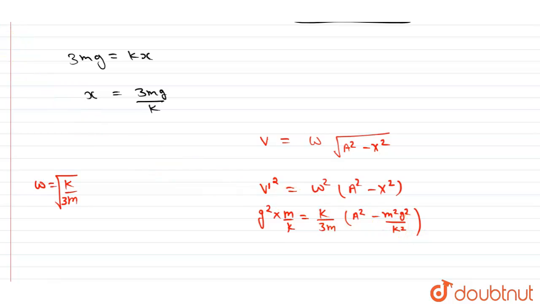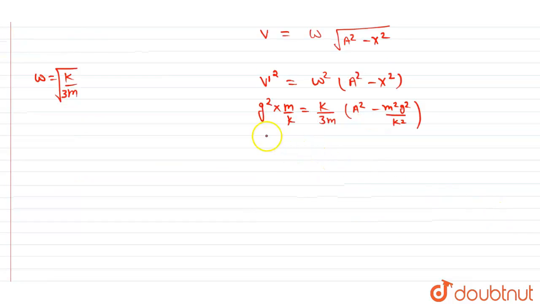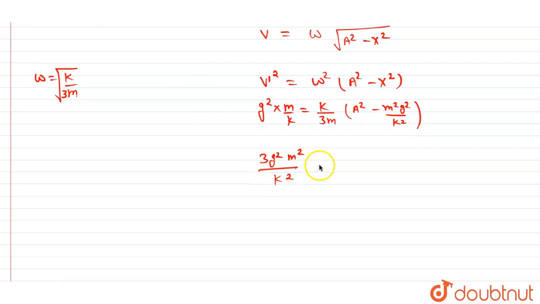Now we can write this equation as 3g square m square divided by k square, plus m square g square divided by k square, equals a square for the value of the amplitude.